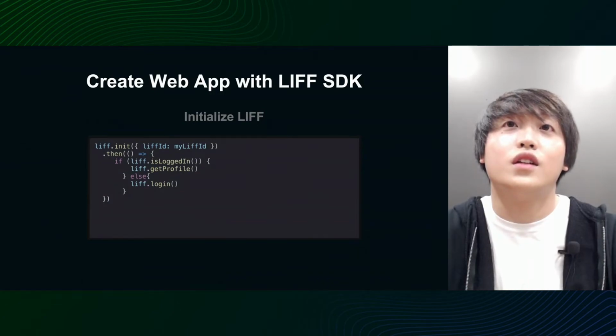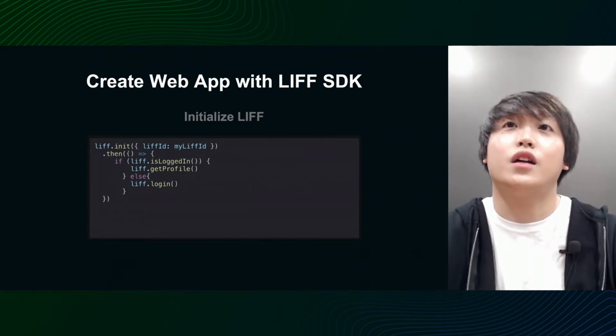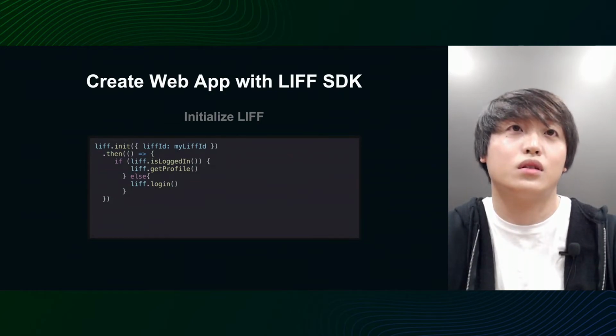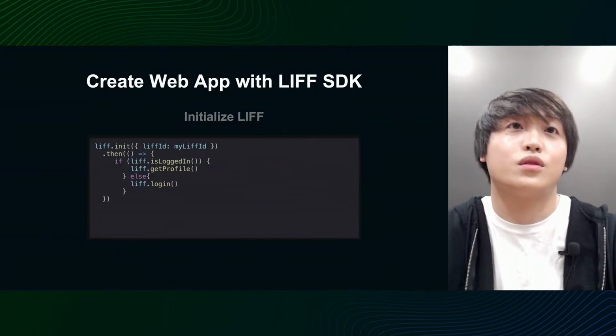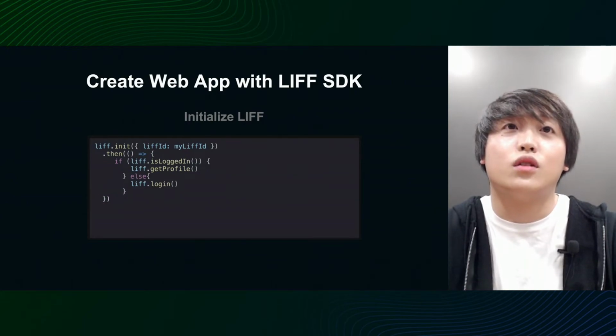After installation, use LIFF SDK to initialize LIFF in the application, so it's functioning as a LIFF application. By passing the LIFF ID which you registered to the LIFF init method in LIFF SDK, you can use the API provided by LIFF quite easily.